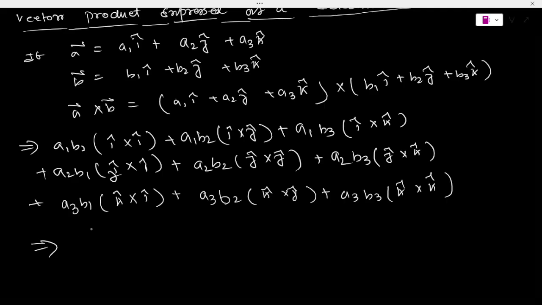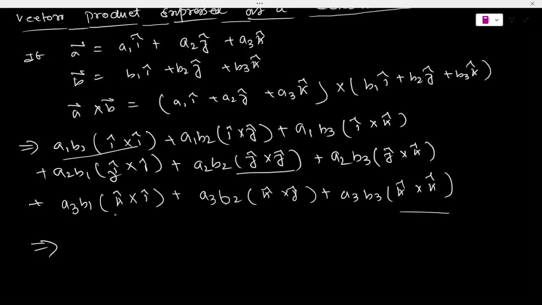So ultimately, what will the result be? I cross I is equal to 0. You know that it's not dot, it's called cross. So definitely this will cancel out, this will cancel out, and this will cancel out.